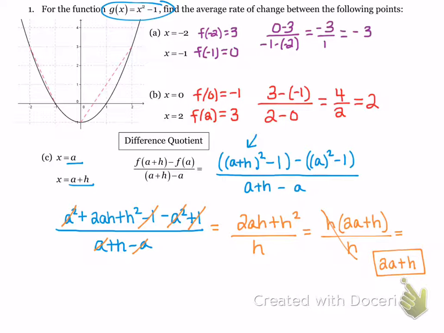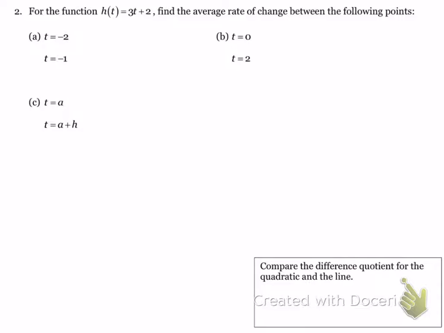Okay, let's do it one more time. But the second one is going to be with a linear function. So, h of negative 2 is 3 times negative 2 is negative 6, plus 2 is negative 4. And then h of negative 1 is 1.